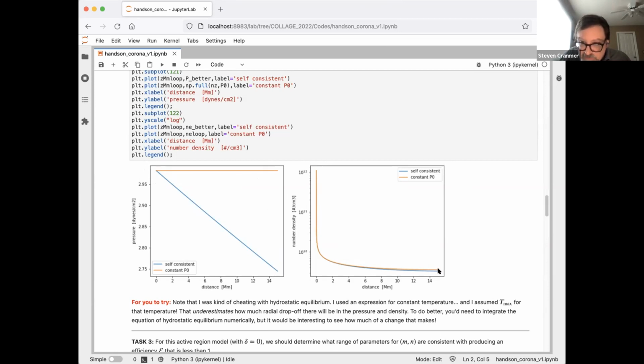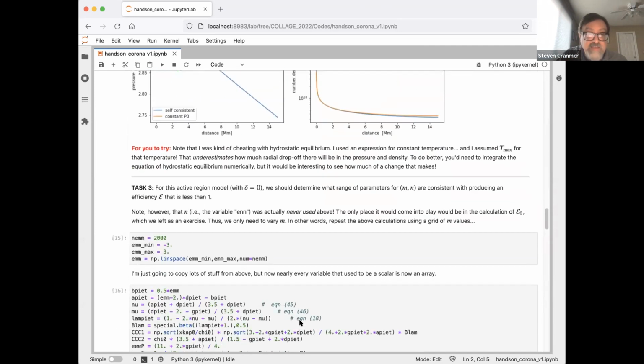And that difference is really just way down there as a small little thing. Now, I was kind of cheating by estimating the hydrostatic equilibrium with a very simple formula. If you really wanted to do better, you would have to integrate the equation of hydrostatic equilibrium numerically. But that's another thing you could do to see how much of a change that makes.